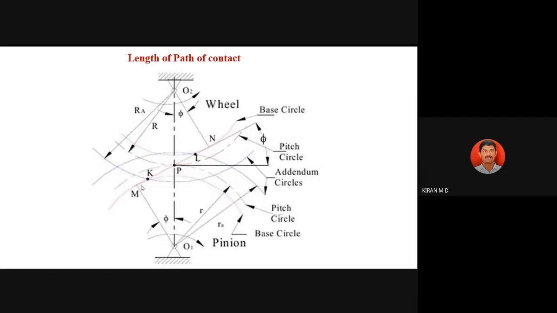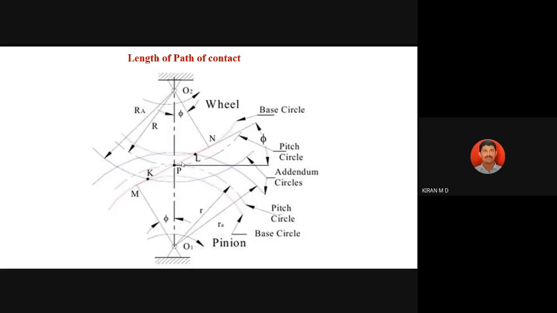When we are considering the length of path of approach, meaning when it is engaging, K to P is the length of path of approach. P to L is the length of path of recess, meaning from P it starts to disengage. When we are calculating the sliding velocity at engaging, we consider the length of path of approach.